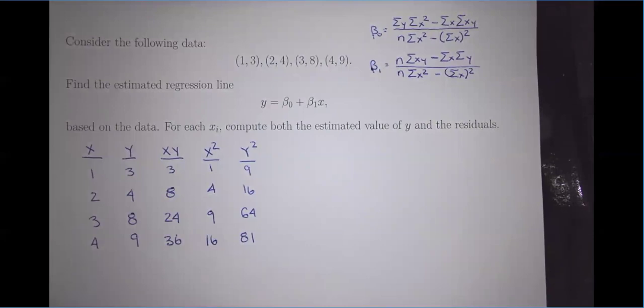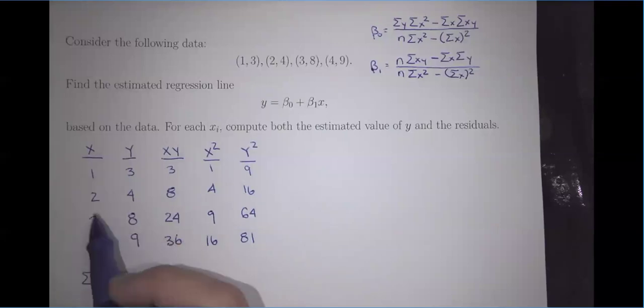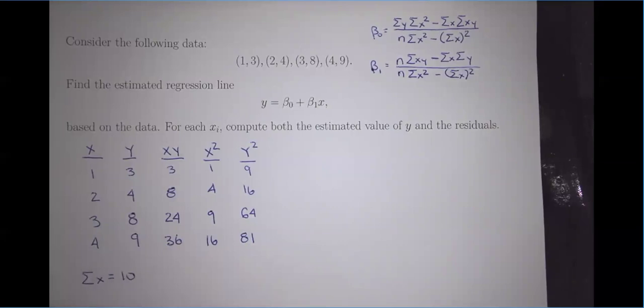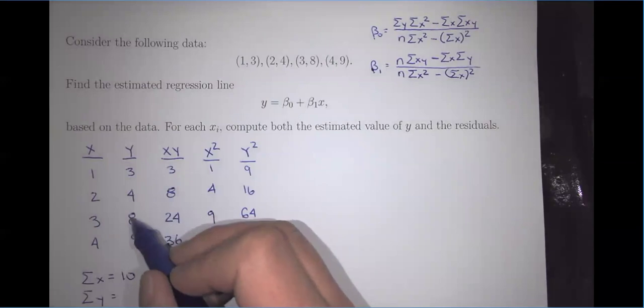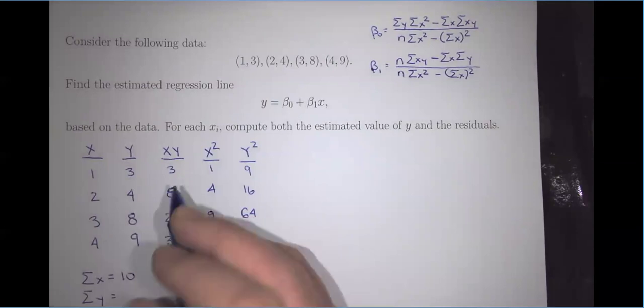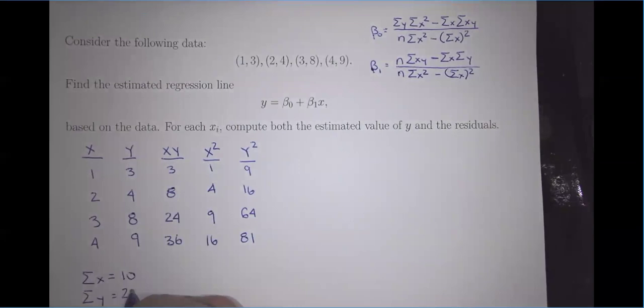Okay, so sum of my x's. 1 plus 4 is 5, 2 plus 3 is 5, sum of the x's is 10. Sum of the y's. Well, I have 3 plus 4 is 7, plus 8 is 15, plus 9 is 24.